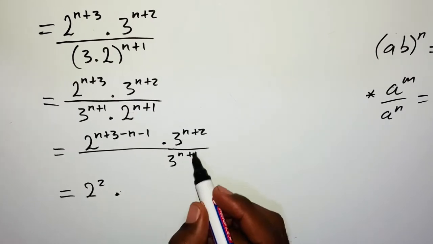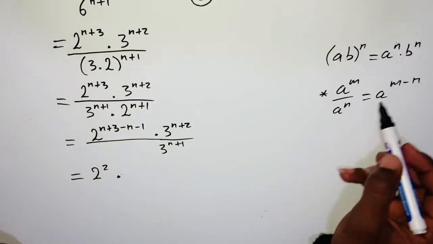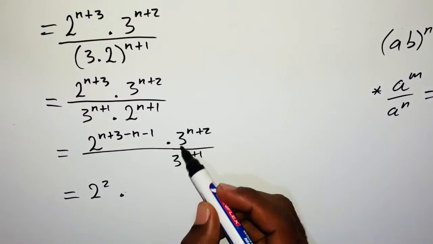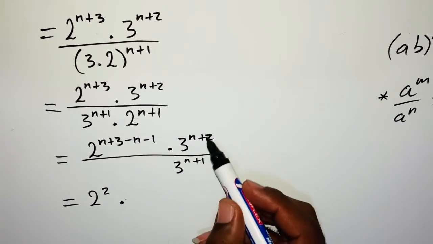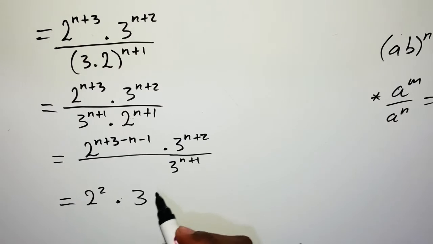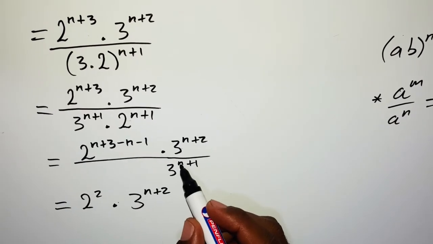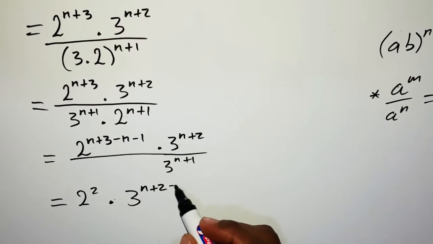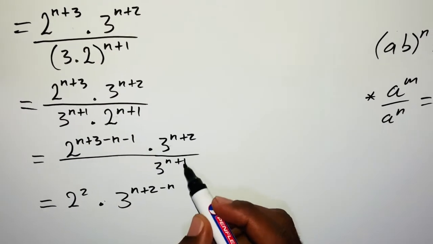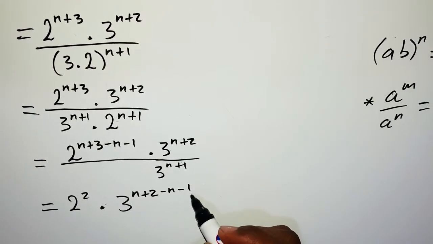Then we go on to apply the very same law when it comes to these. For the 3, we are dividing things of the same base. We have to subtract the exponents. At the top, we have 3 to the n plus 2. We take this n to the top, the sign will change to be a minus n. We take this 1 to the top, the sign will change, it will become a minus 1.